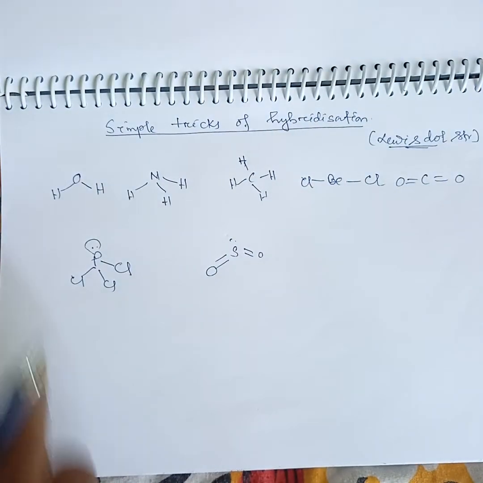Whenever we speak about hybridization, we speak about the hybridization of the central atom of a given molecule, because in the central atom some orbitals participate in the hybridization to produce the hybrid orbitals.